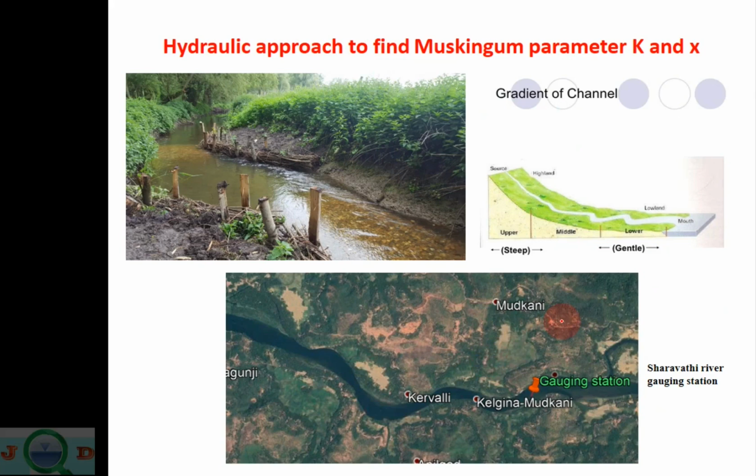So back to our example. For our trial analysis, I have considered the example of the Sharavati river gauging station, which is located at some distance away from the downstream of the Sharavati river.